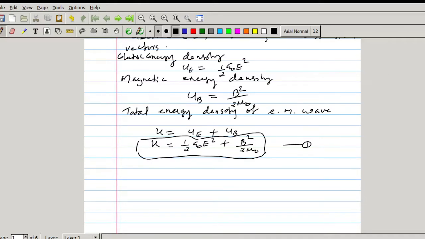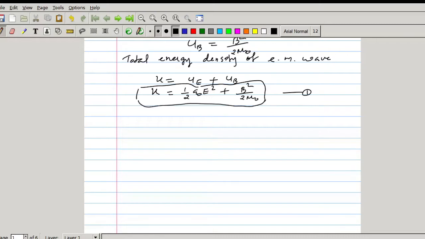We have obtained the relation connecting electric field intensity and magnetic field intensity. The amplitudes of electric and magnetic field intensities are related by the equation B0 equal to E0 by C. What is the expression for electric field intensity? E equal to E0 cos(kz minus omega t plus delta). What is magnetic field intensity?